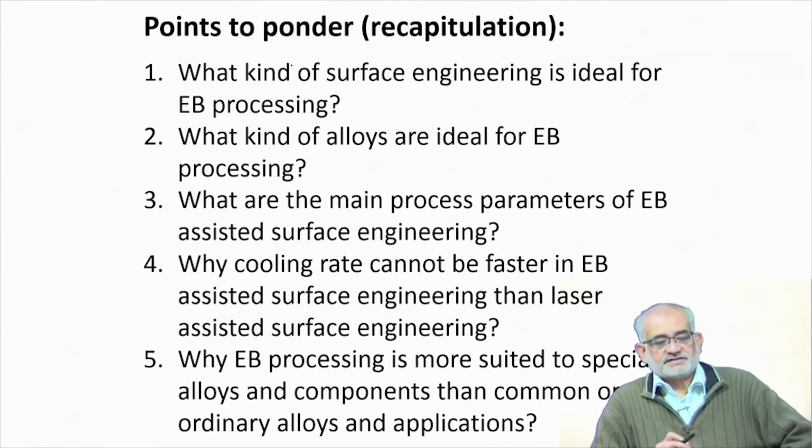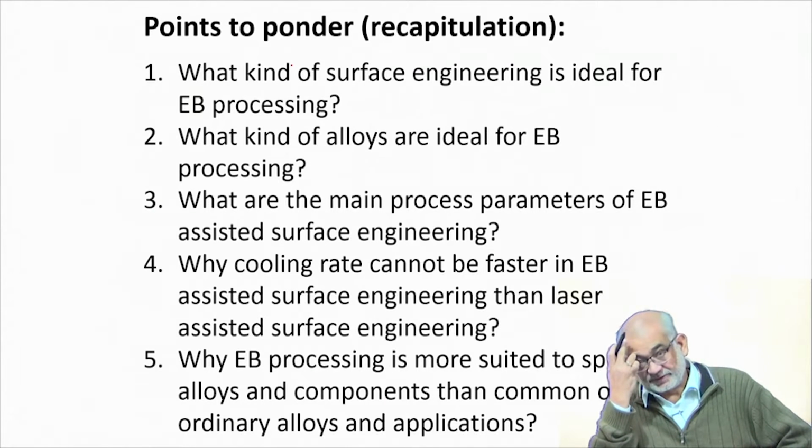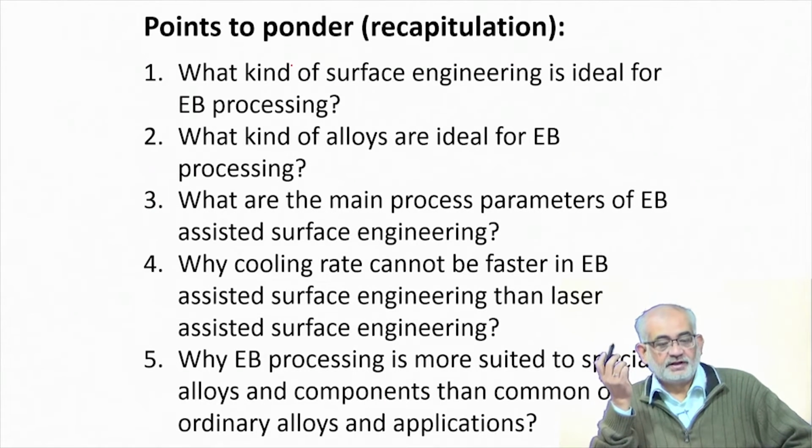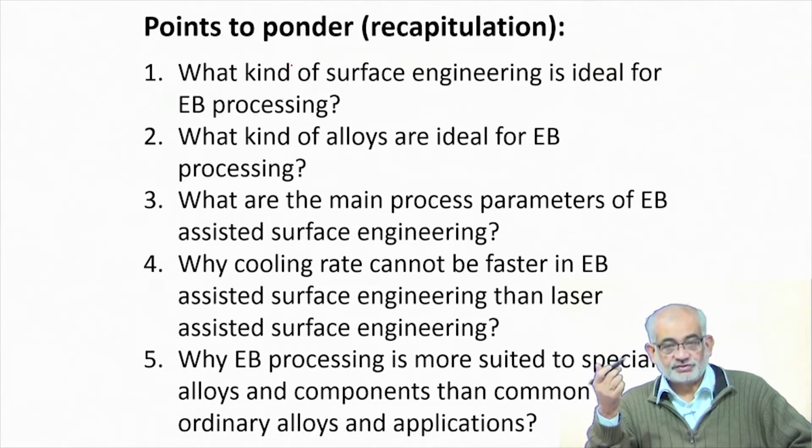So what all we discussed in this surface engineering application of electron beam? For reactive metals, for sophisticated or expensive components, we can use EB not for joining alone, but also for surface engineering.